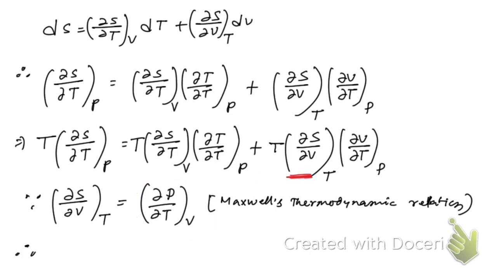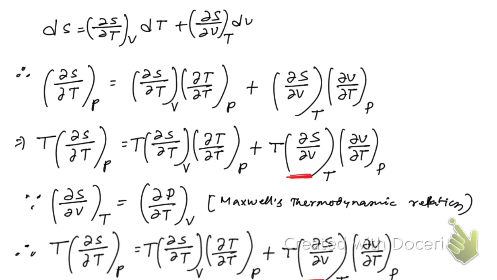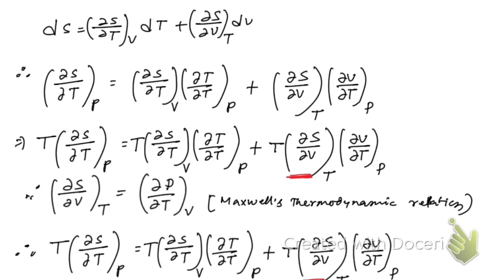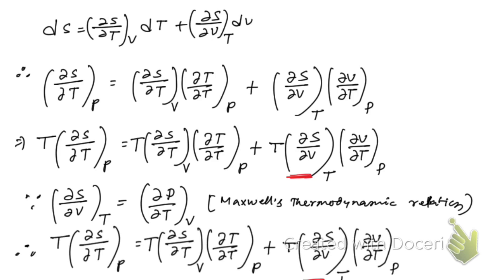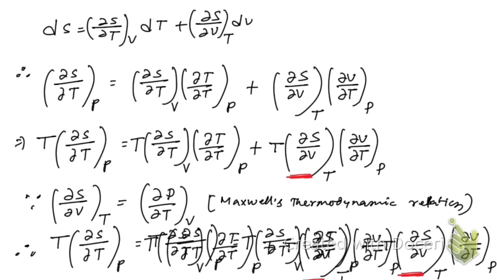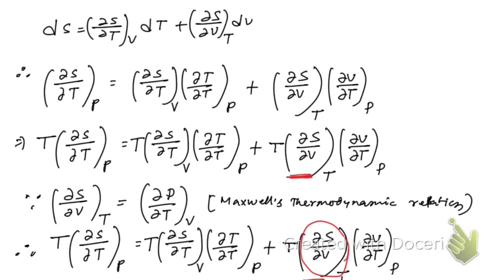If we do so, then we have del P by del T at constant volume.